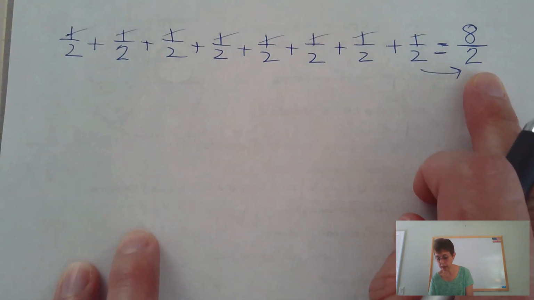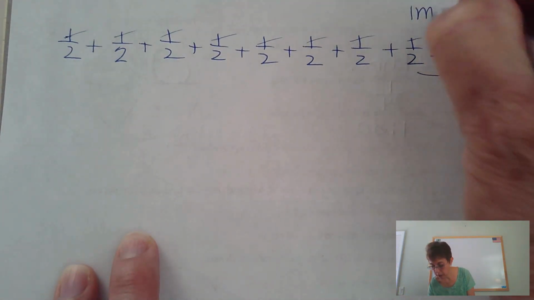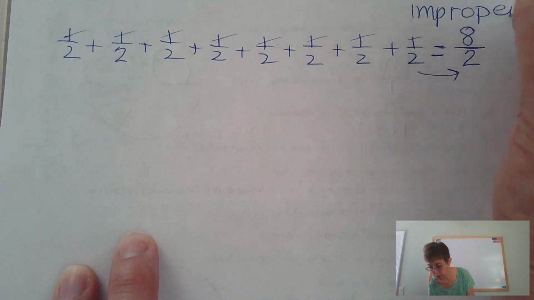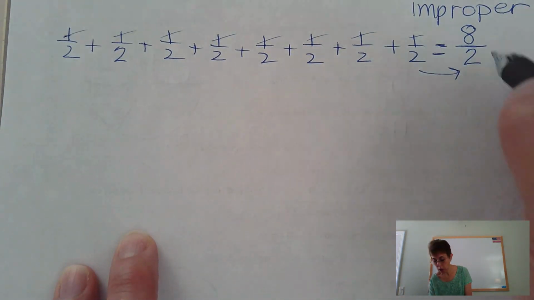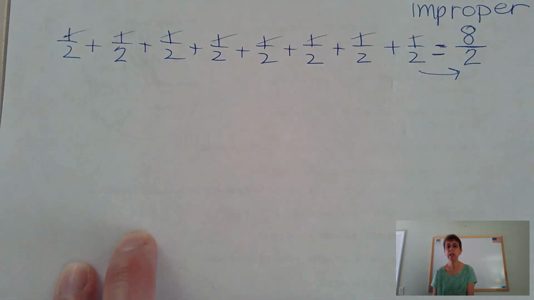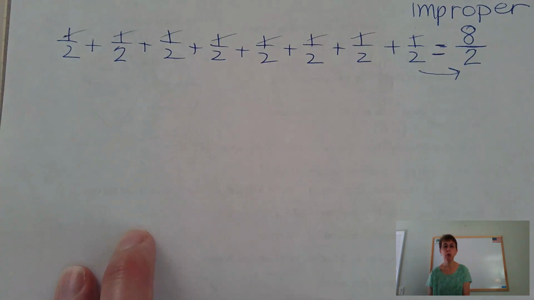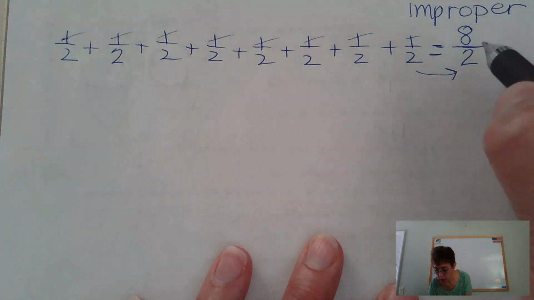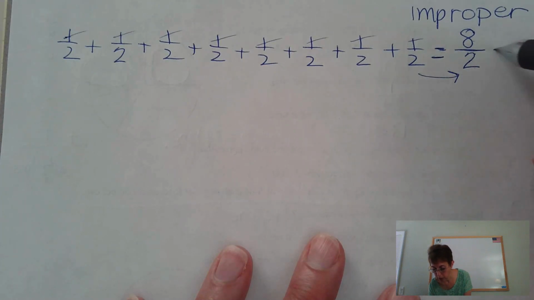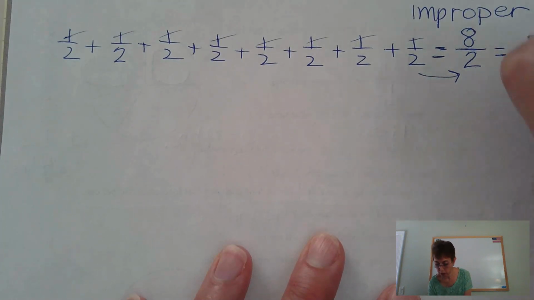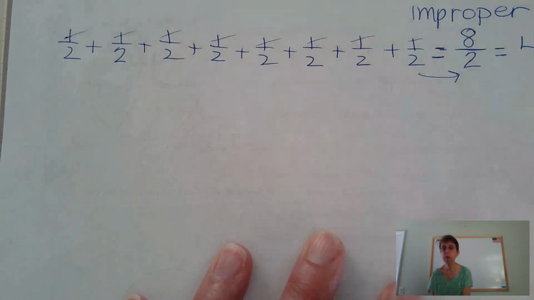Remember that this is an improper fraction. If it's an improper fraction, you're going to think of this as a division problem, because you always want to change that improper fraction to a whole number or a mixed number. So now you think of this as a division problem, and you're saying 8 divided by 2. 8 divided by 2 equals 4.